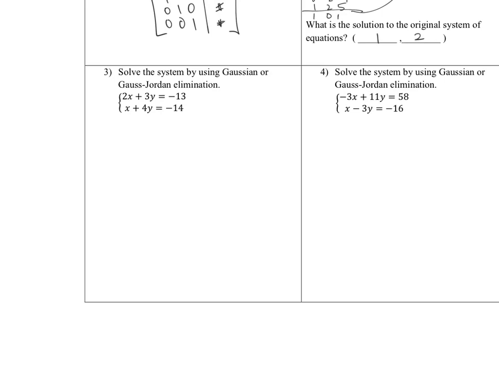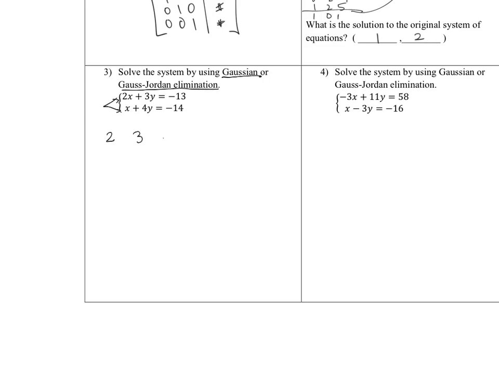All right, looking at number 3, we want to solve it using either Gaussian or Gauss-Jordan elimination. So it really depends if you want to do the back substitution or not. So looking at it, I have 2x plus 3y equals -13. Let's rewrite it as the augmented matrix.